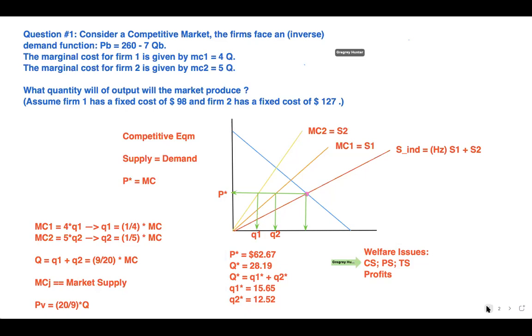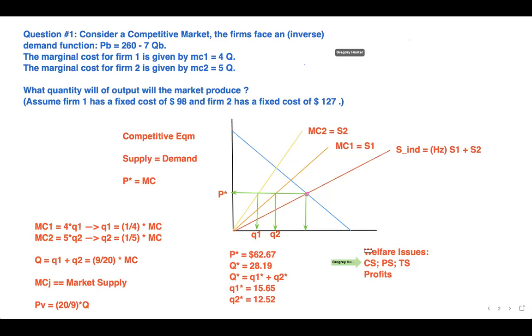Okay. But again, this should be all obvious, or almost all obvious, if you've gotten this far. Then you can see the consumer surplus, you can see the producer surplus, and then you would use the profit formulas.